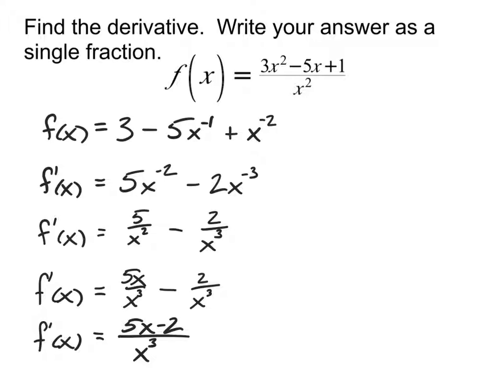Now, before we go on, I do want to point out that there was actually another method that you could have used to do this particular problem. What if I had instead written this as f of x equals my 3x squared minus 5x plus 1 times x to the negative 2?